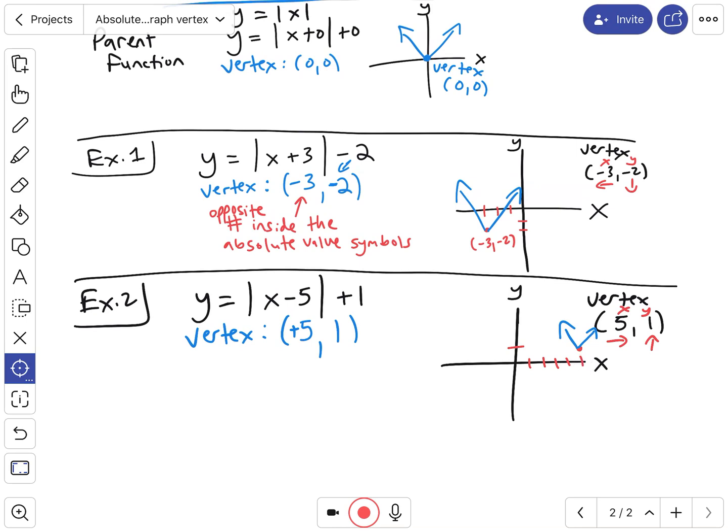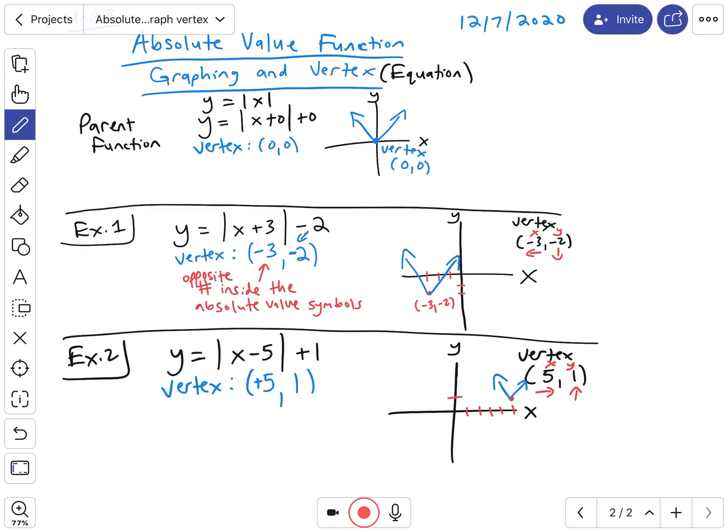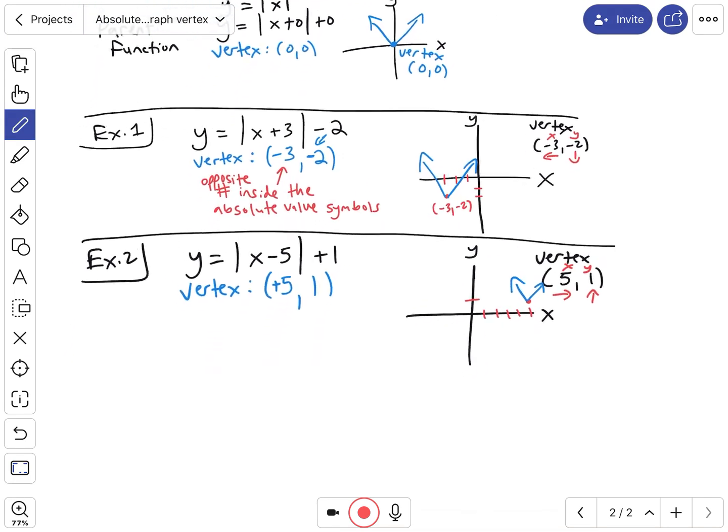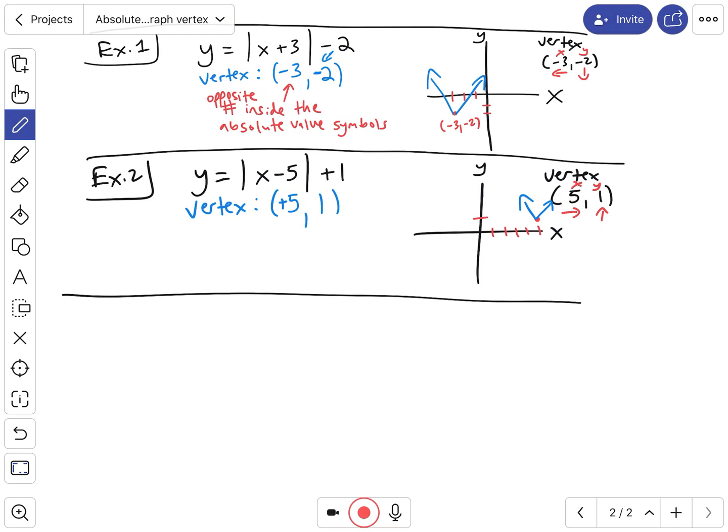Okay, and there are some other examples that you could consider. You don't have to. These are the main 3 that I want you to have down. But you could also consider, something like y equals the absolute value of x plus 1, plus 3, or let's say this one.